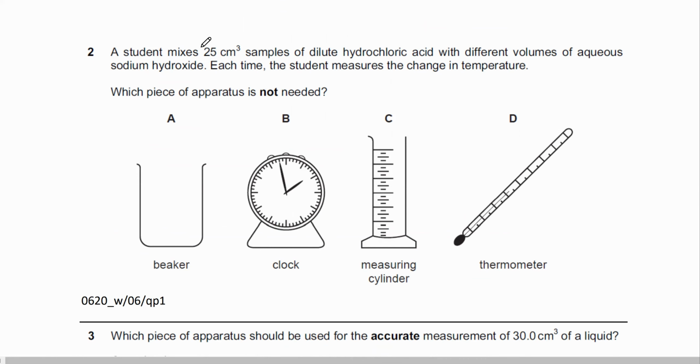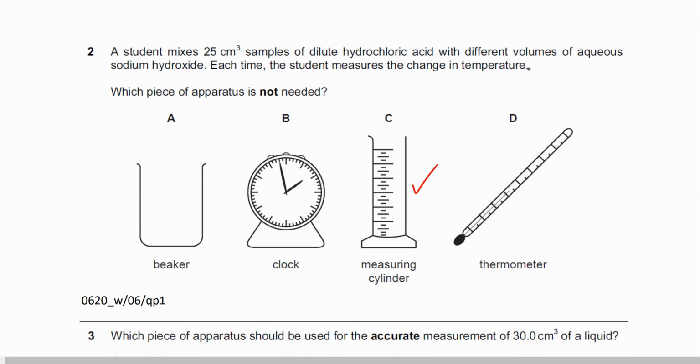Then you have a student who mixes 25 cm cube samples of this acid with different volumes. So remember, there are different volumes. How would you measure the different volumes? What would you need to measure different volumes of the acid? Measuring cylinder. So you definitely need that. Then each time the student measures the change in temperature.